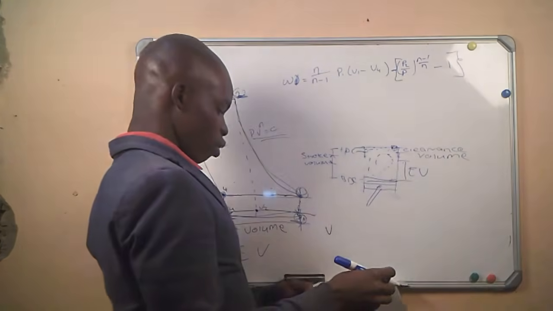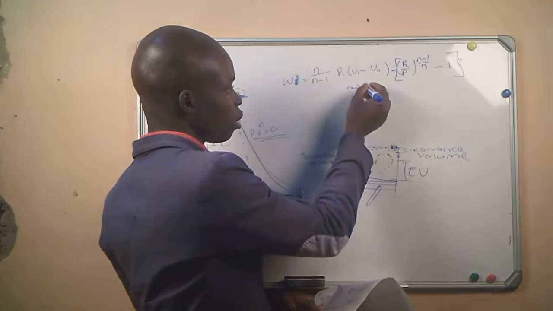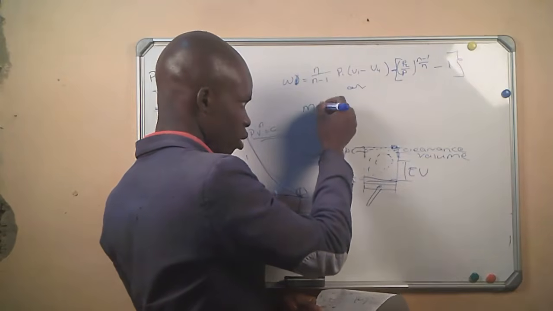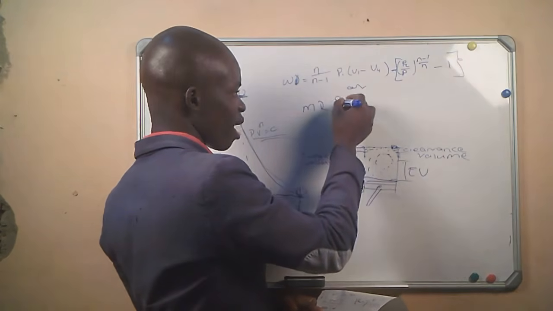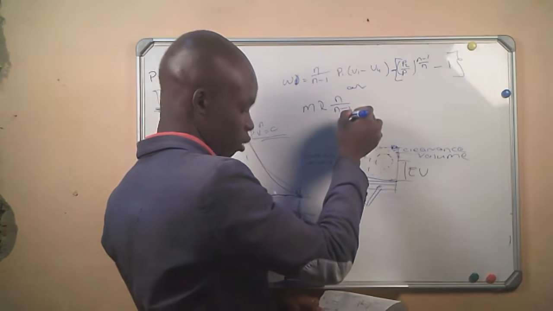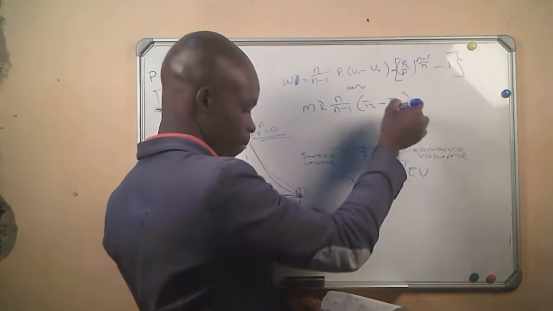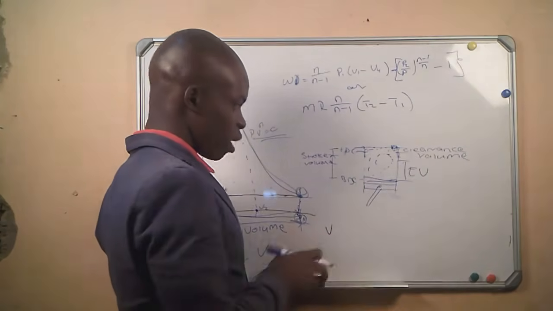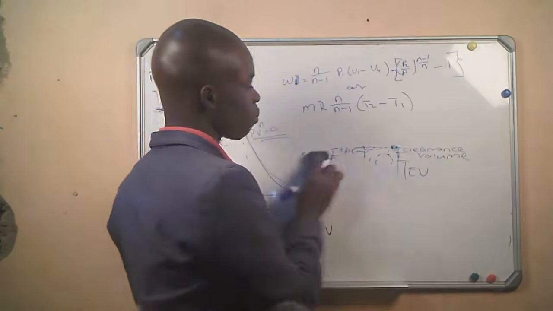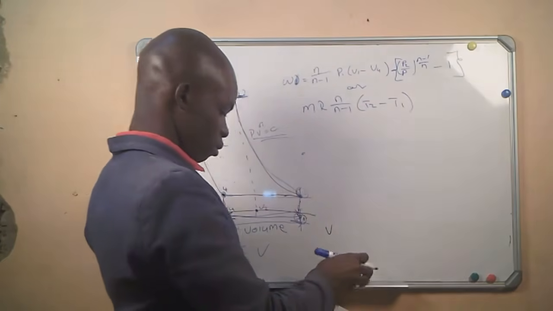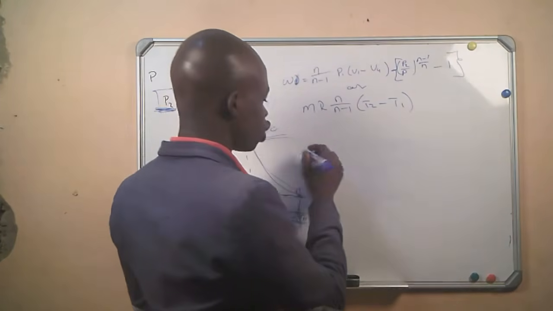And then another formula for work done will be MR, sorry, it's MR n divided by n minus 1 times T2 minus T1. And then we have another formula for volumetric efficiency.